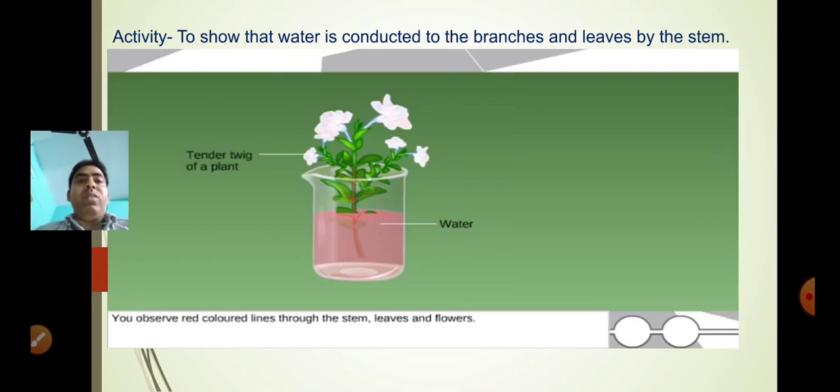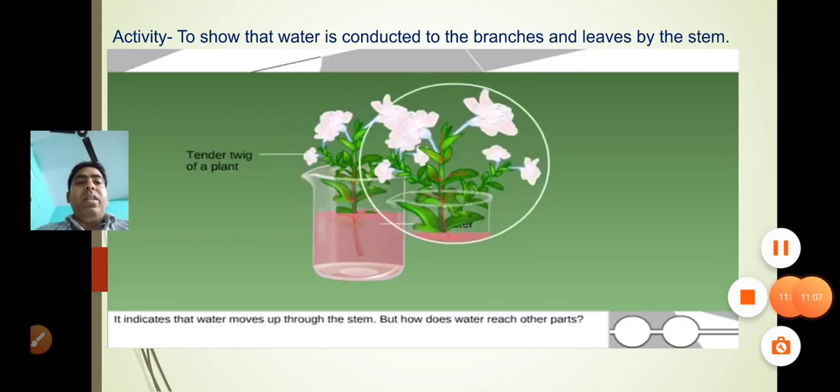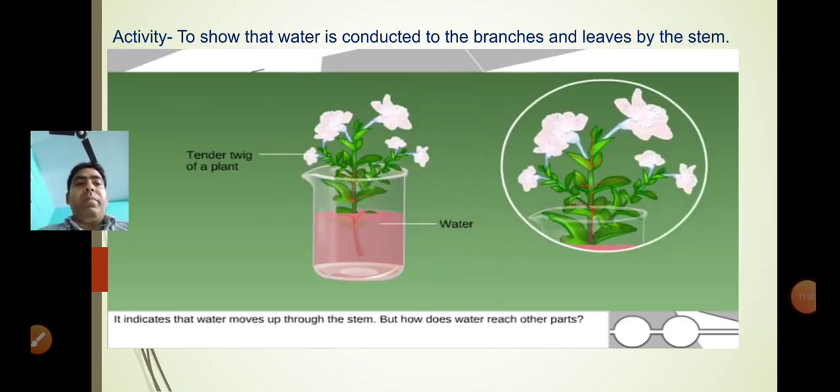Okay, what will you observe? You will observe the red color moves up through the stem.